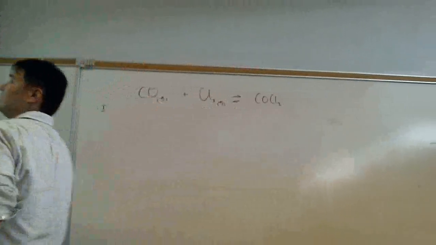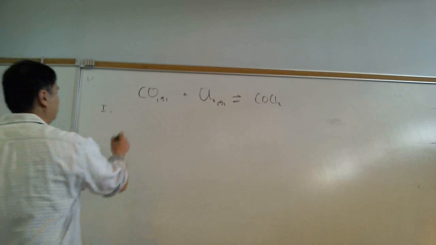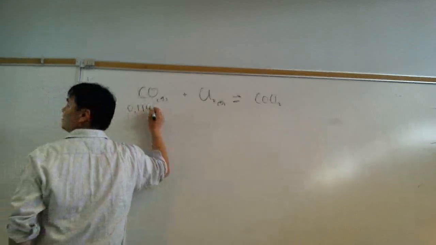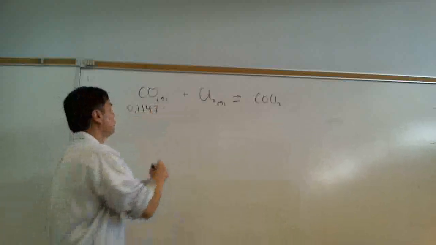All right, so to give us the initial amount of carbon monoxide, we'll just convert that into molarity. So can somebody do this? 0.3500 divided by 3.05? 0.11475. In this case we're allowed 4 sig figs, so I'm going to carry a 5th digit.